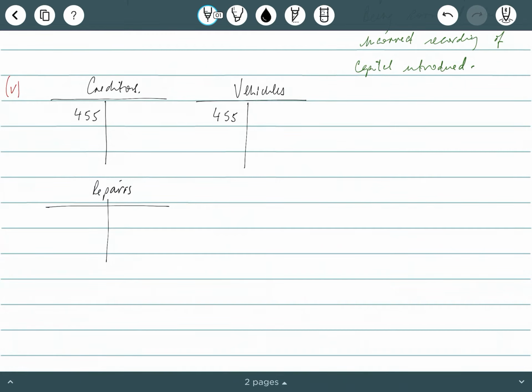The company received repairs of 280, an expense. For the private, it's drawings, obviously an expense also, 175. And how did they pay for it? Well, they paid for it out of their bank account, 455.